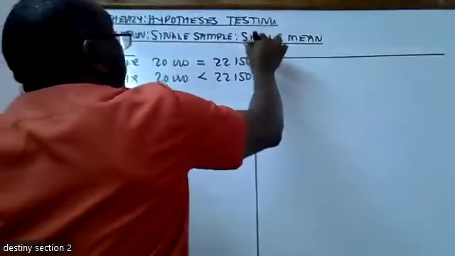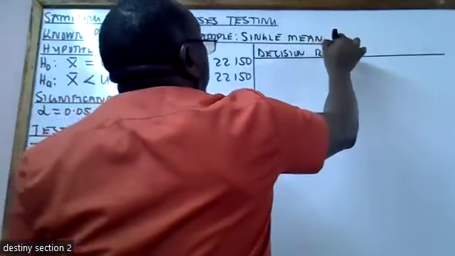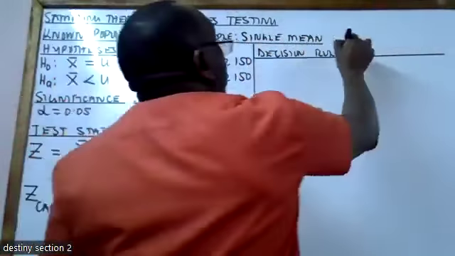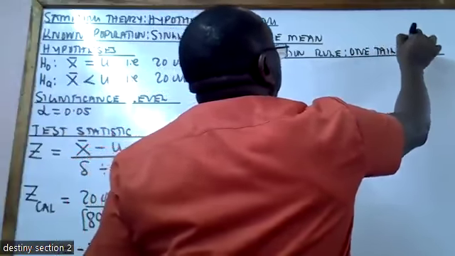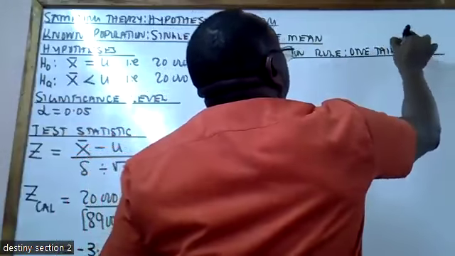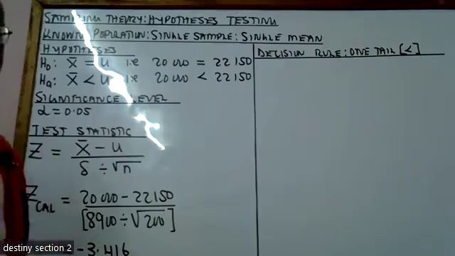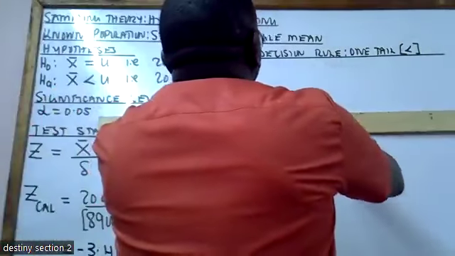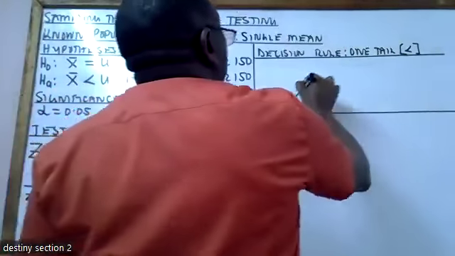With that, let's do the decision rule. Now the decision rule, this one will be one-tailed because we have used the symbol that is less than. So I come here and draw something like this.